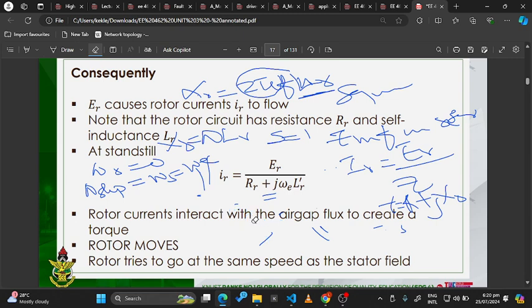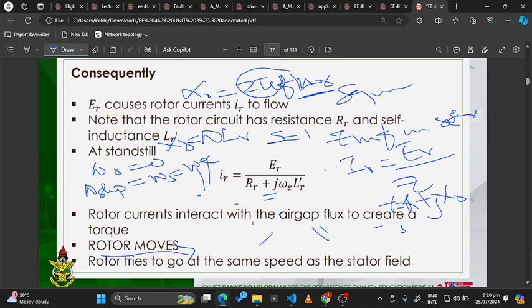Then once this current is induced in the rotor, the current is now going to interact with the flux in the gap to produce what? A torque. And if this torque is enough to overcome the inertia of the motor, the rotor starts to move.